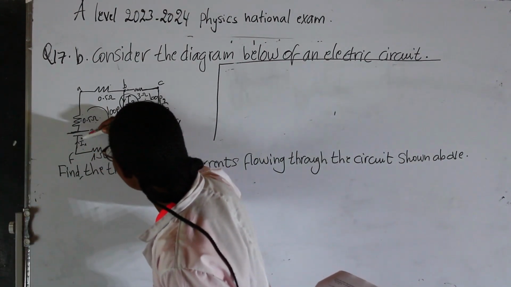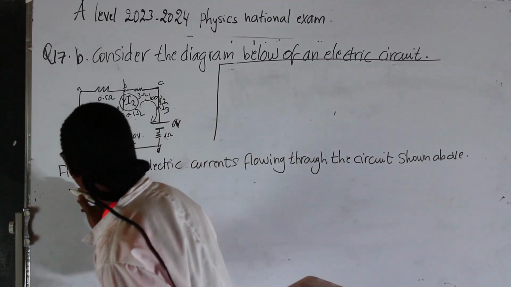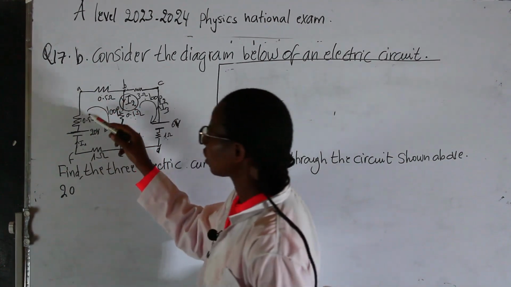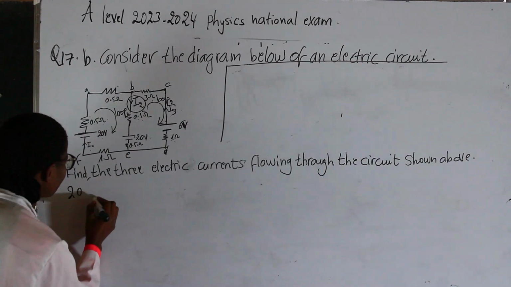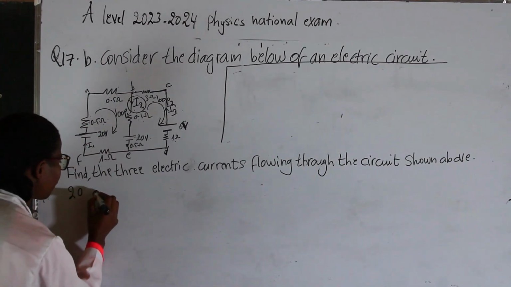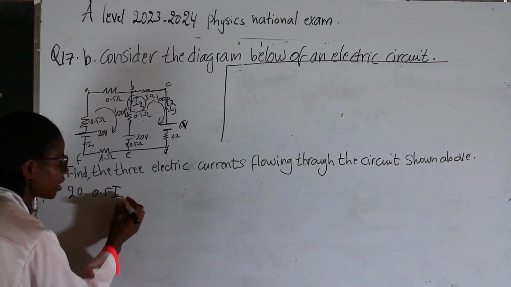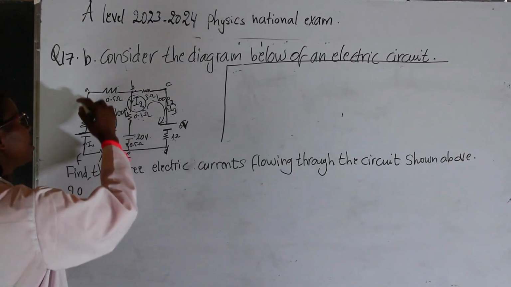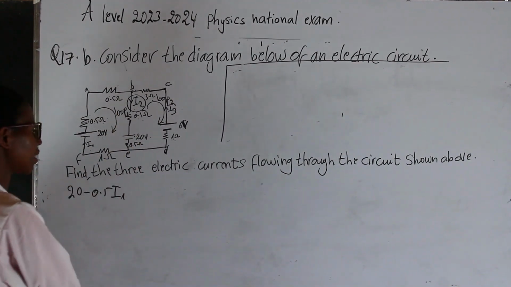Starting from this voltage, it is equal to 20, then the resistance is 0.5 times I1, the current passing in this resistance. Because it is going in the opposite direction of the loop, we should have minus.